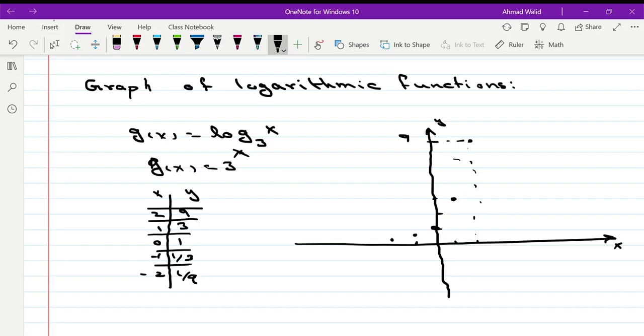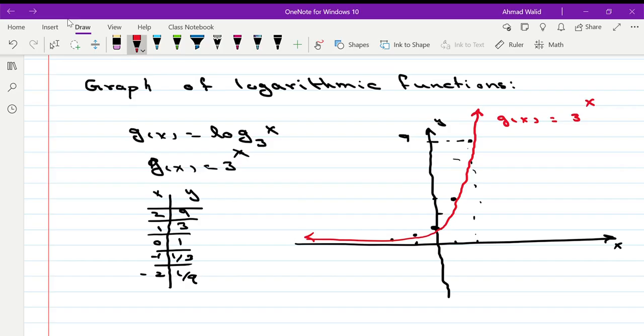And let's graph our function. Let's graph this exponential function. This is the graph of your exponential function, g of x equals 3 to the power of x.